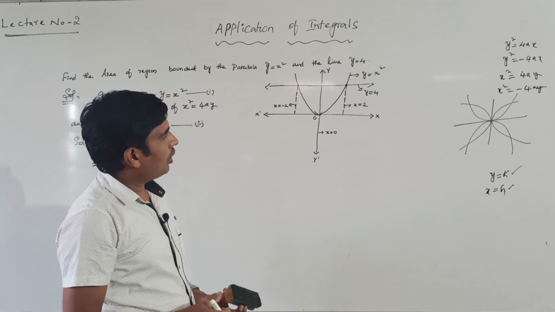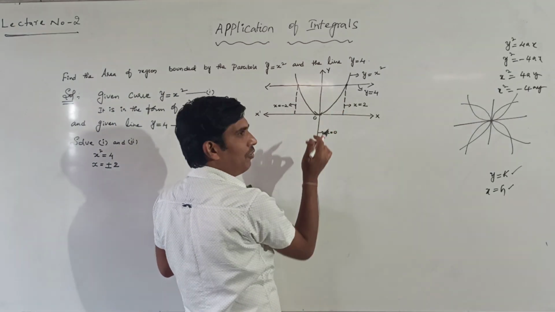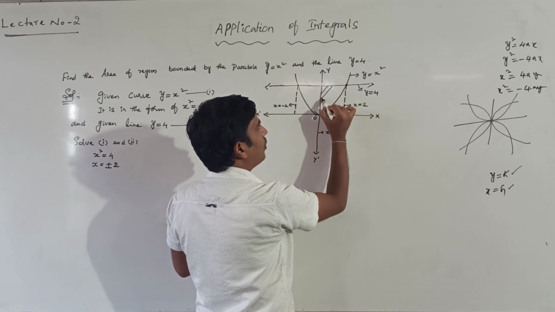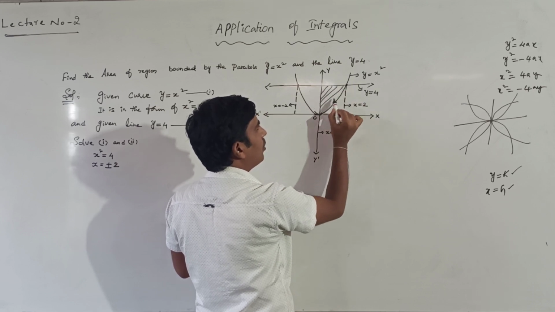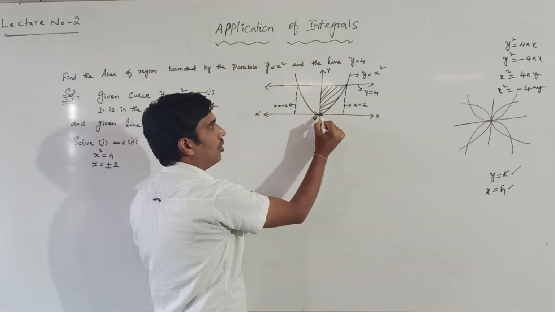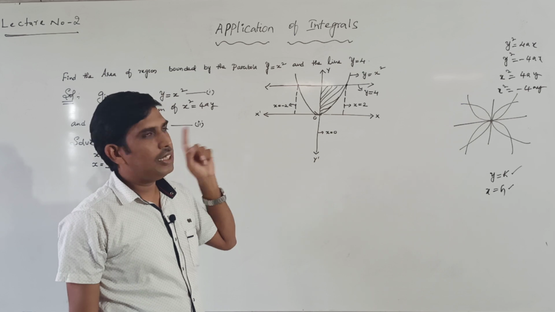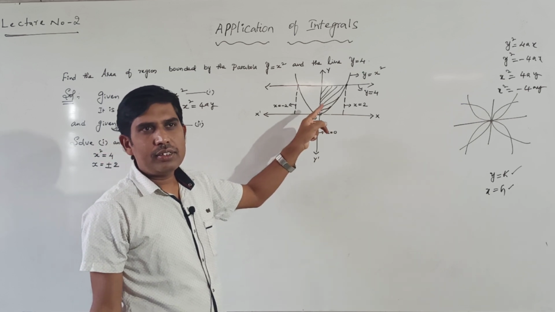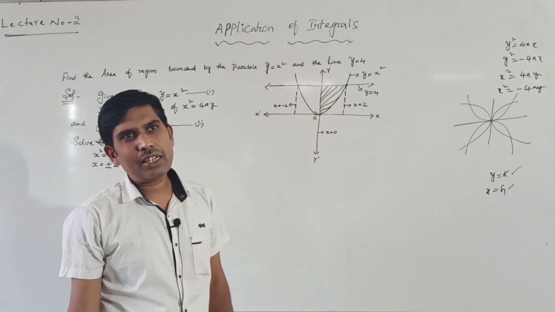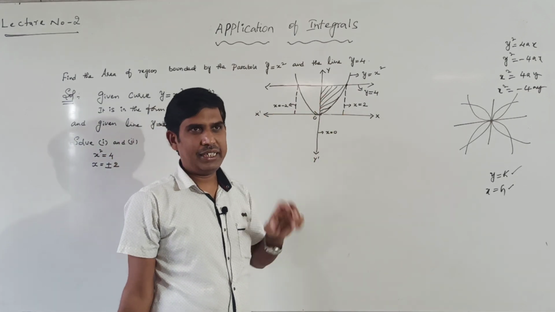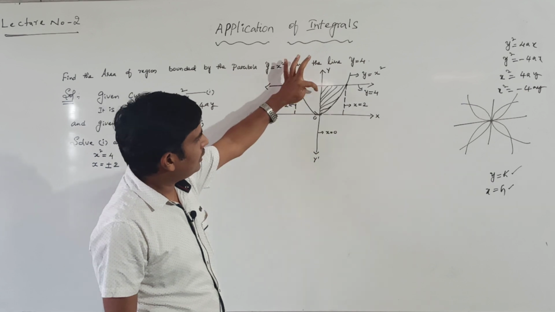Now this part we have to find out. Means one part, if you shade it. See the figure here, this area is bounded with the y-axis, correct? This is the y-axis.